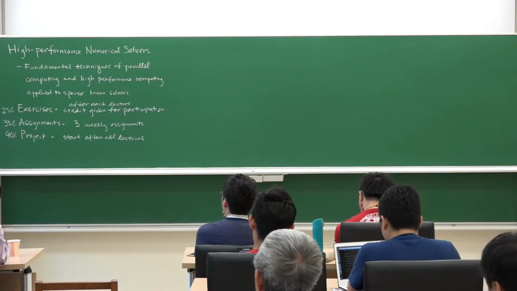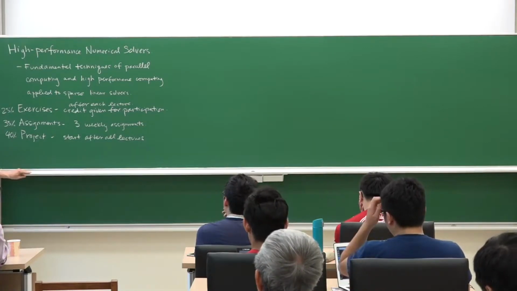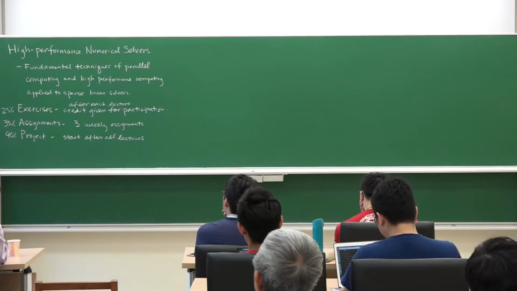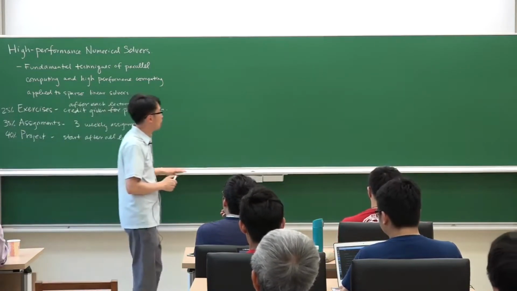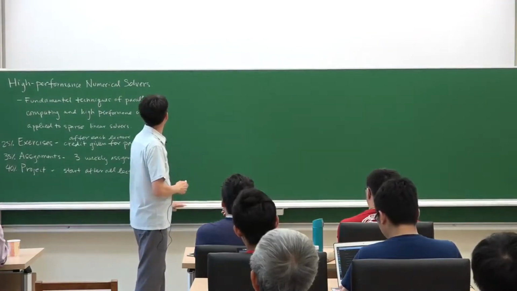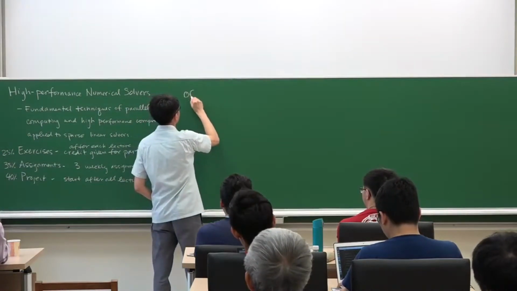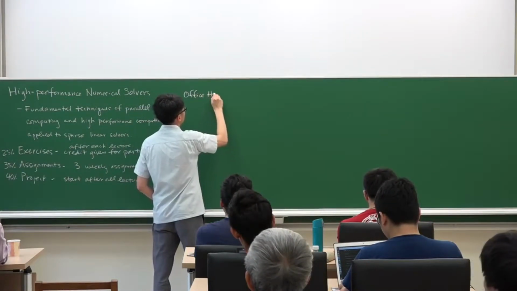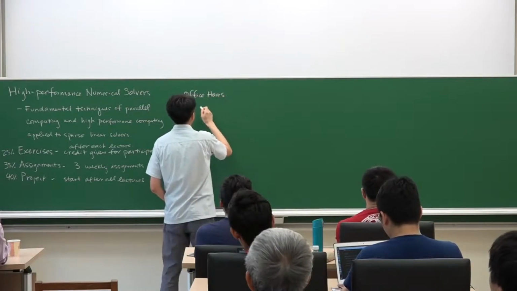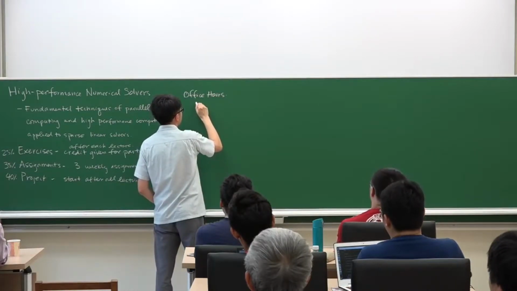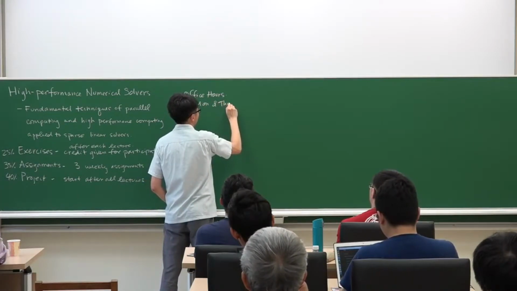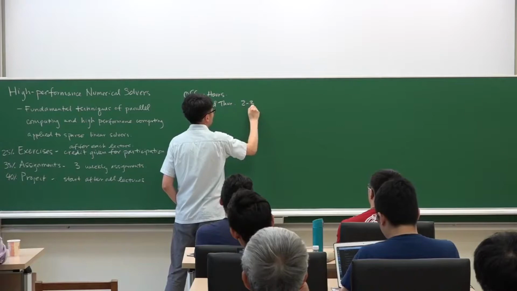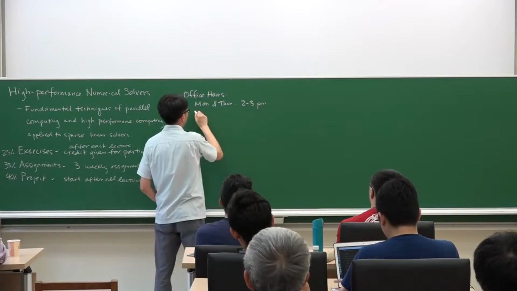Because we have exercises and assignments, you probably want to meet with me if you have questions, so I will hold some office hours. I'd like to propose Monday and Thursday, 2 to 3 p.m., and also by appointment.